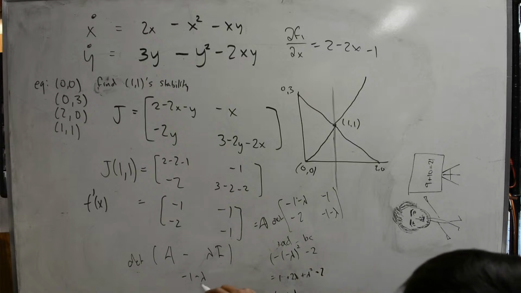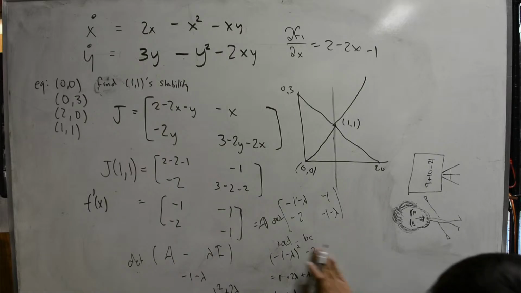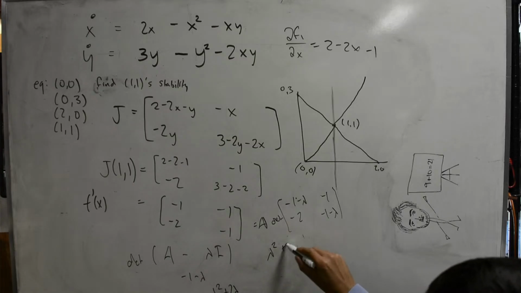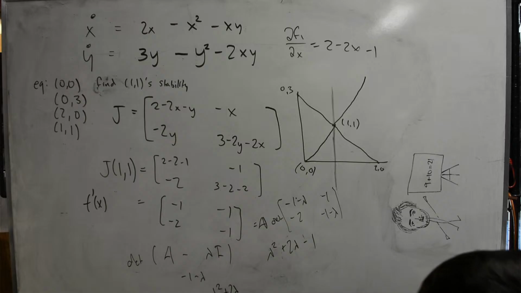So we get lambda squared minus 2 lambda, or plus 2 lambda. Oh, you won't be able to see that. Alright, so let's get rid of all this. So the determinant, or the characteristic polynomial, is lambda squared plus 2 lambda minus 1, right?